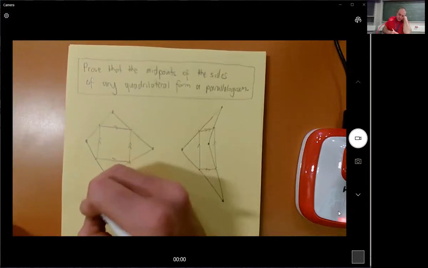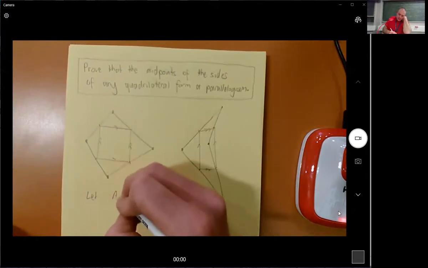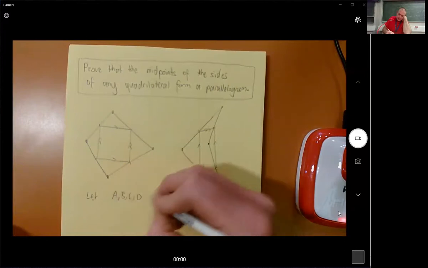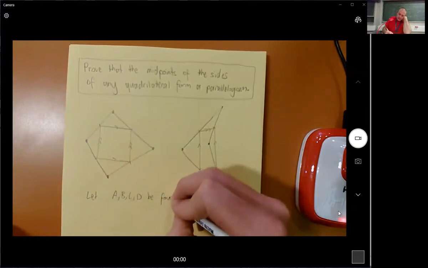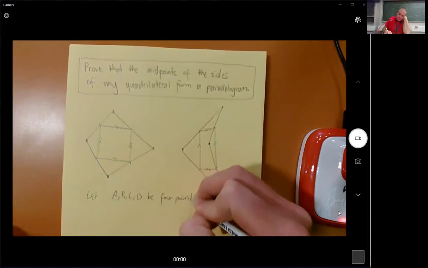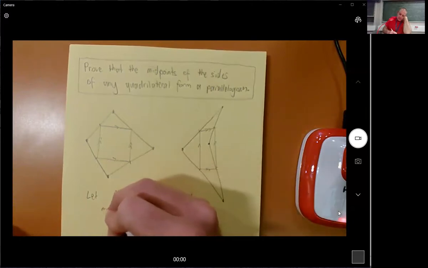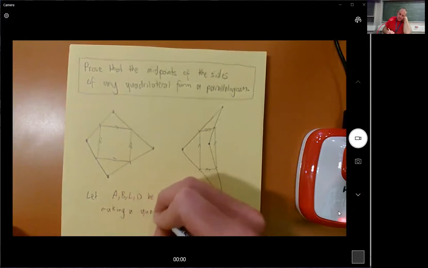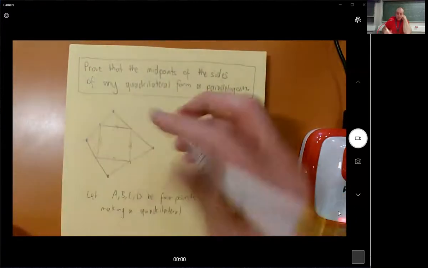So I suppose what I'll do is say let A, B, C, D be 4 points making a quadrilateral. I'm going to draw it on this diagram.